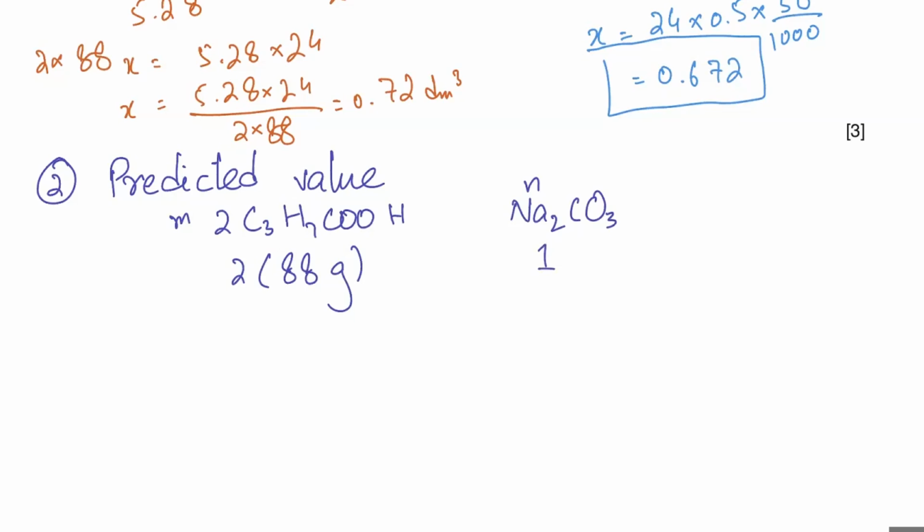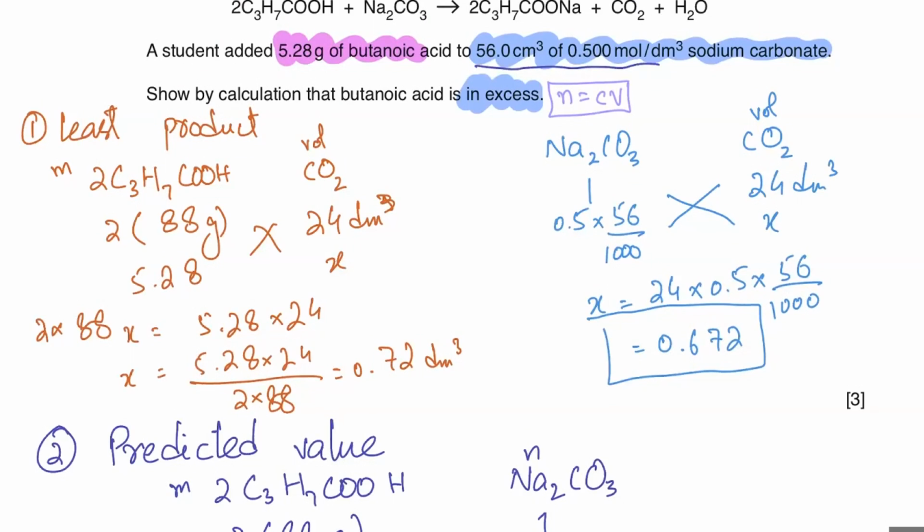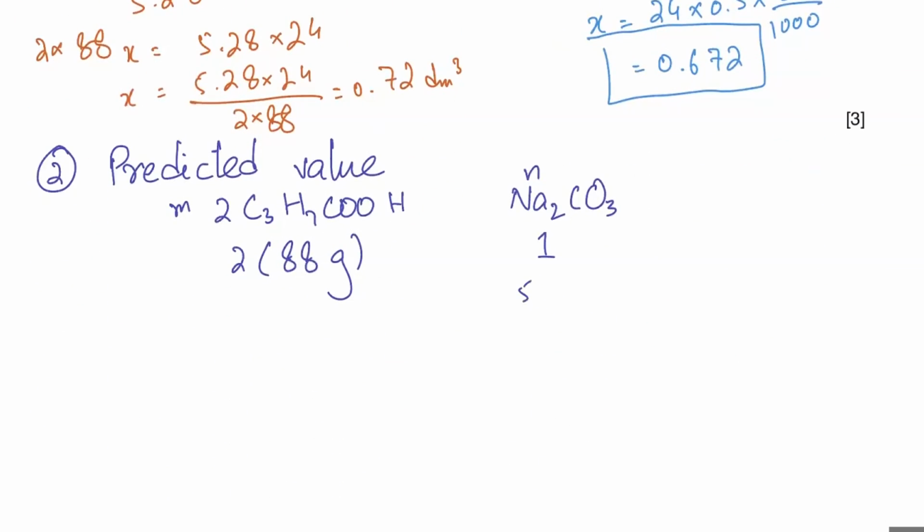Okay. So I have this, its moles: N equal to CV, 56 over 1000 into 0.5.